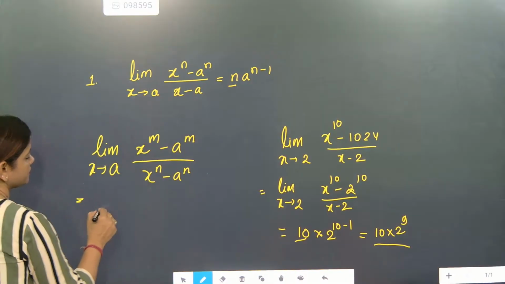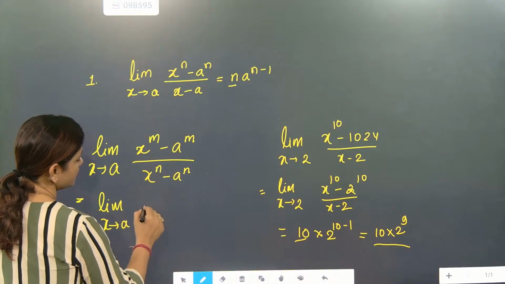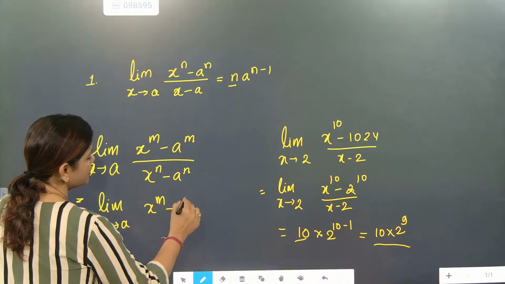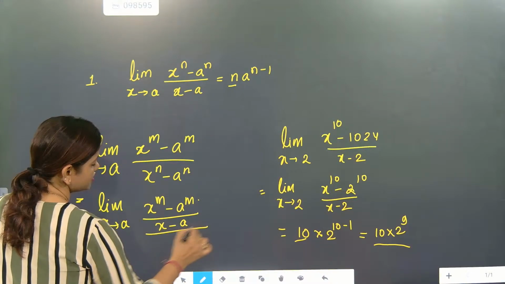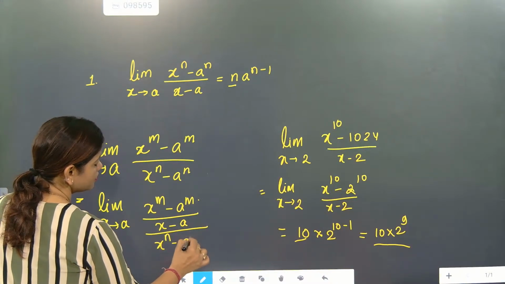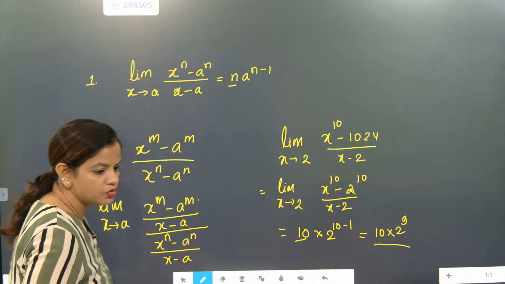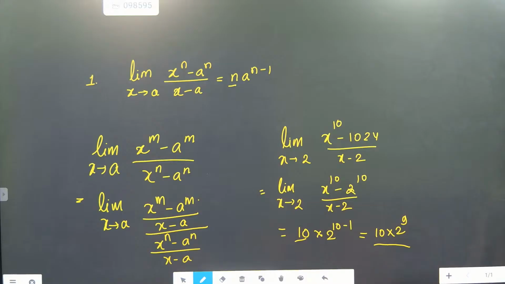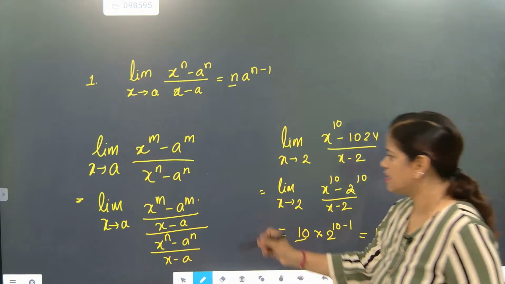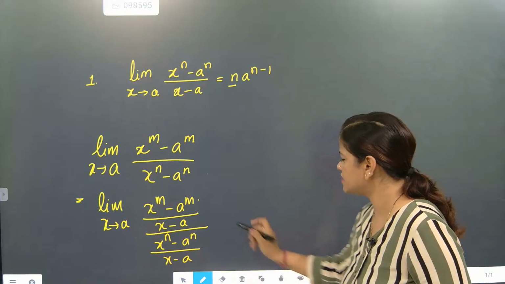Now look here, limit x tends to a, x to the power m minus a to the power m. We will divide numerator by x minus a and denominator also by x minus a. So numerator and denominator both I divide by x minus a.